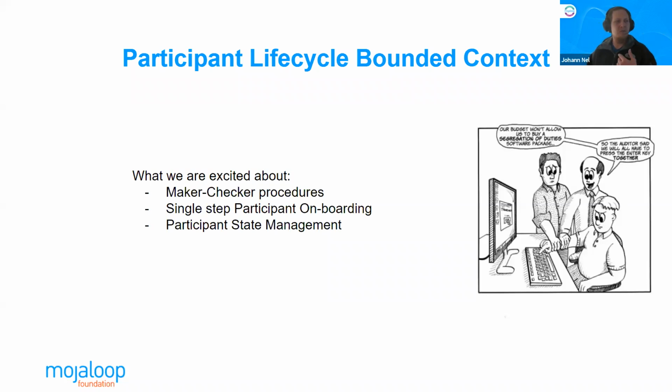To allow a participant to be as fluid as that RBAC would allow it to be, there's an exciting new state management that we would like to introduce, which is allowing a participant to be moved from one state to another. Now, what does it mean to move a participant from a state? It's to allow different features and also restrict some capabilities.